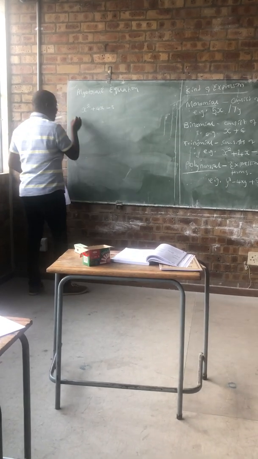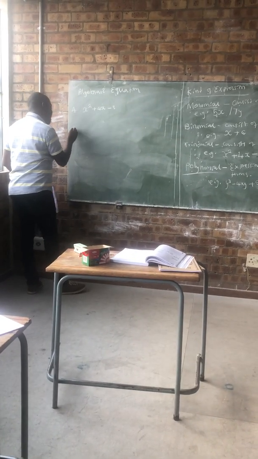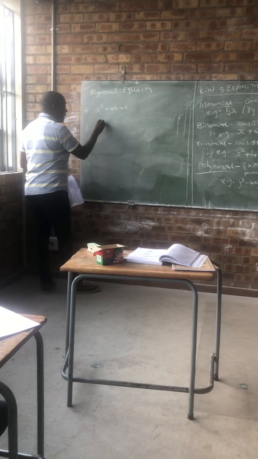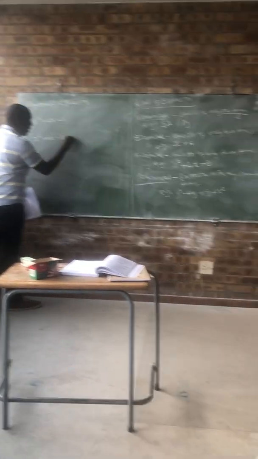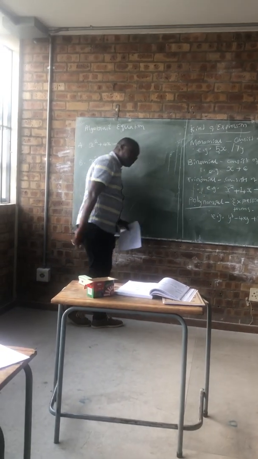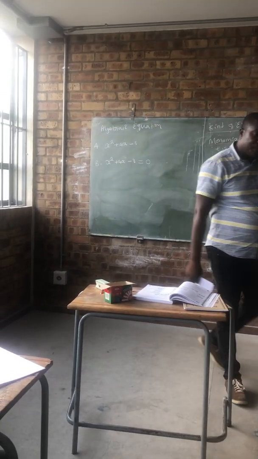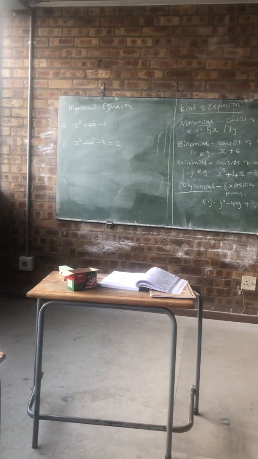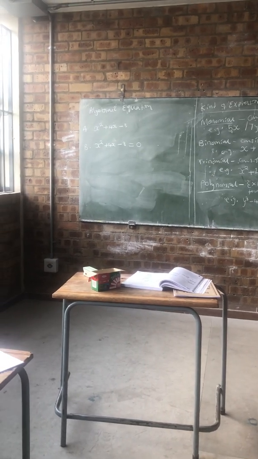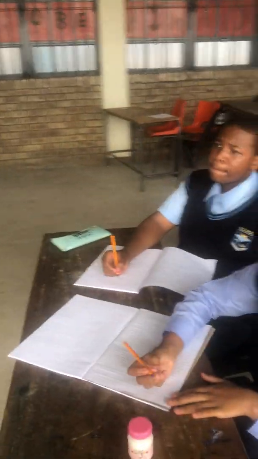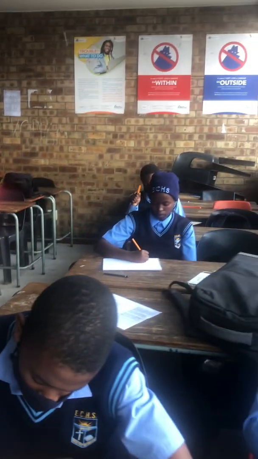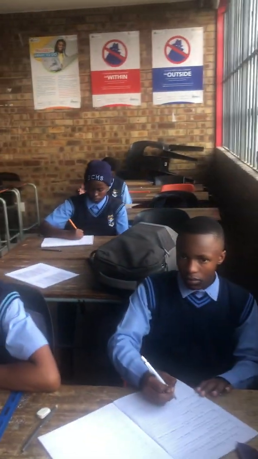And let's say this is A, and this is B. I'm going to write the same thing: 4x subtract 2 equals 0. What is the difference between A and B? The equal sign. B has an equal sign, while A does not have an equal sign.